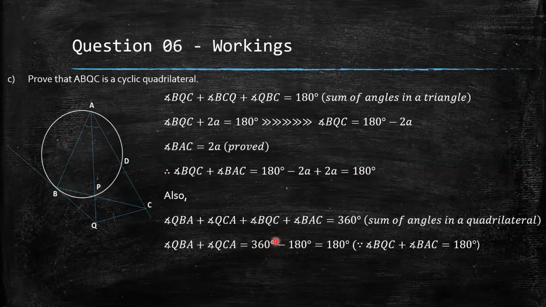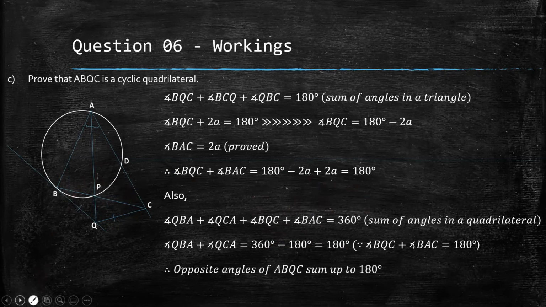So 360, you put it to the other side, it goes as a minus. 360 minus 180 becomes 180. Therefore, automatically, the summation of these two opposite angles will also become 180. Therefore, the opposite angles of ABQC sum up to 180. Thereby, ABQC is a cyclic quadrilateral.